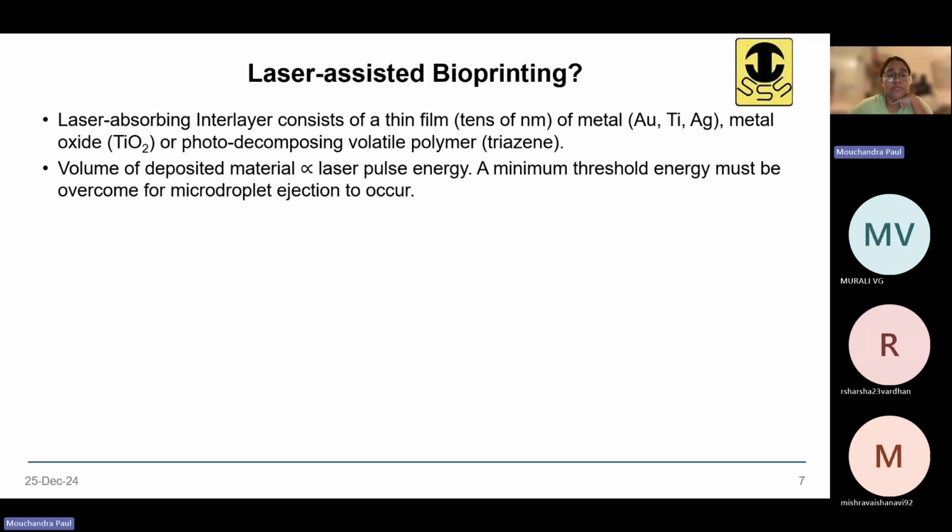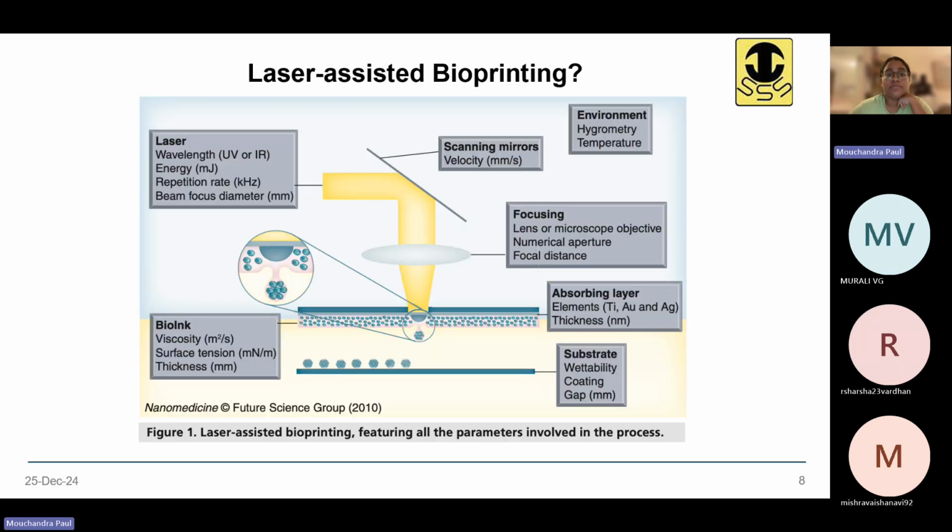If you stay below the threshold value, the droplet won't be formed. Also, please note the laser type that we are using has radiation in the range of UV and IR, and the energy of the lasers is quite low, sometimes milli or microjoule. So it's very little energy.